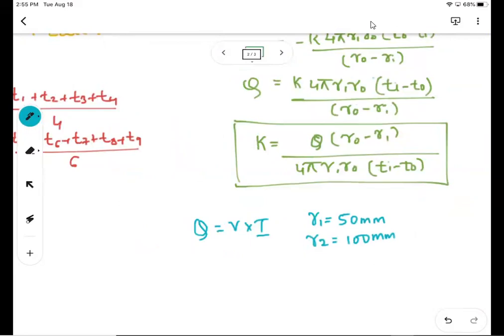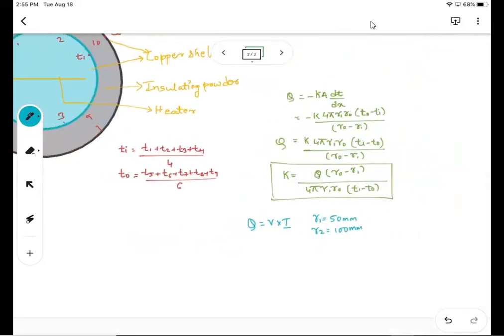You know the value of 4 and pi, and Ri and Ro are also there. You can find Ti and To from the readings, Ti from here and To from here. Once you have all these values, you can find the value of K.